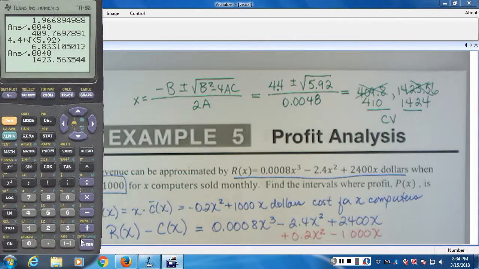And this is where we say thank God for calculators, because we don't want to have to do any of this arithmetic in our head if we don't have to.